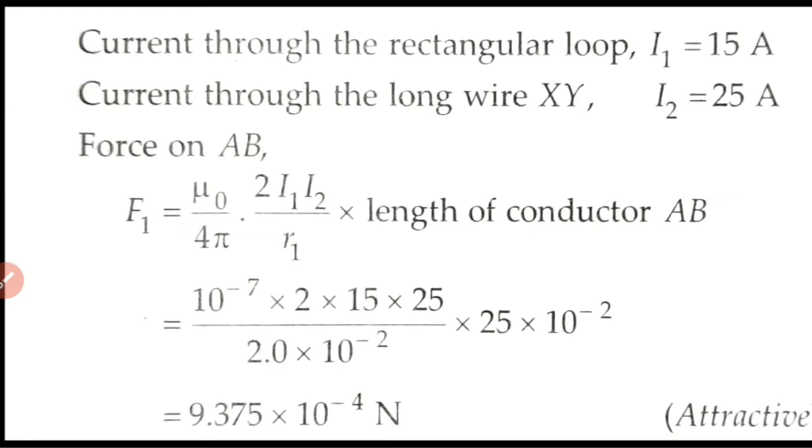So to have that 4 pi for easy calculation, it is multiplied and divided by 2. So we have the length of the conductor, that is 25 centimeter. Substituting everything, we will have 9.375 into 10 raised to minus 4 Newton, that is attractive.